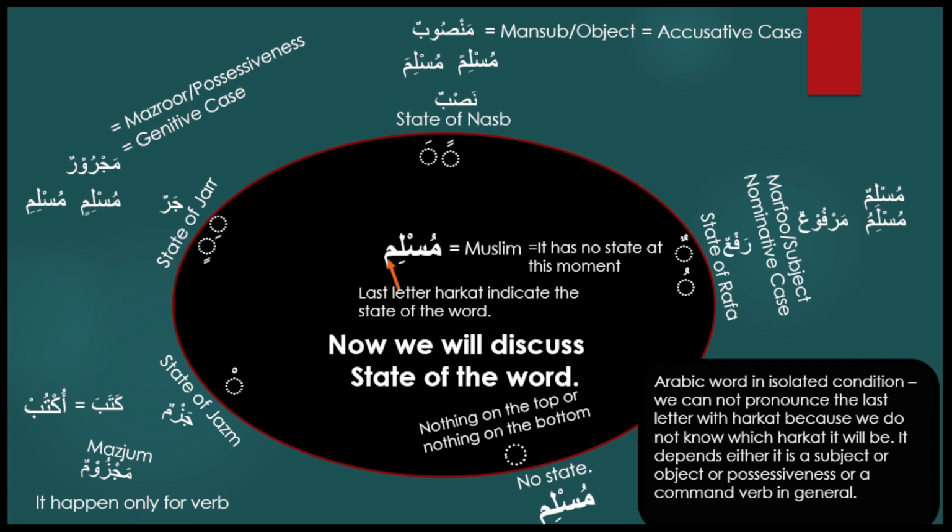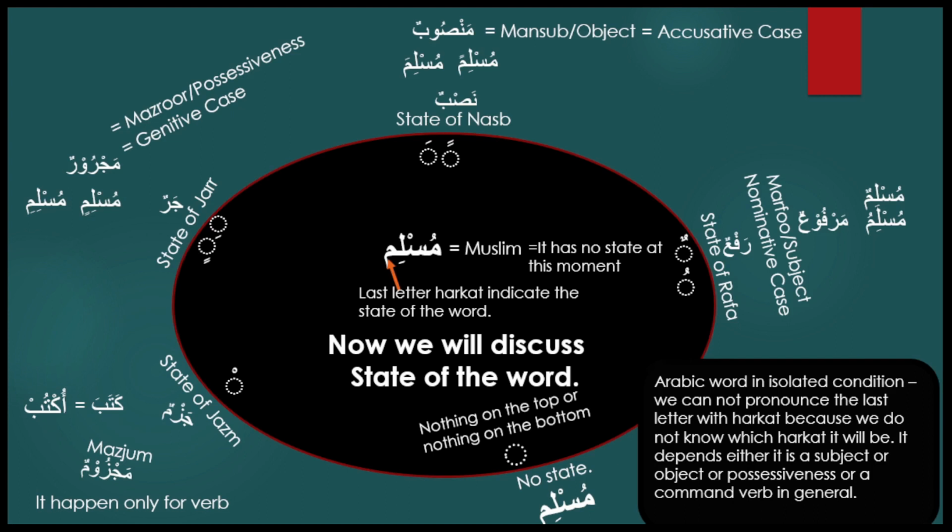Whenever the word enters into a sentence, then according to the sentence, the word can take dhamma, fatha, kasra or sukun. Accordingly, the state will be called rafa, nasab, jar or jazm, and the word itself will be called marfu, subject, mansub, object, majroor, possessiveness, and majzum.